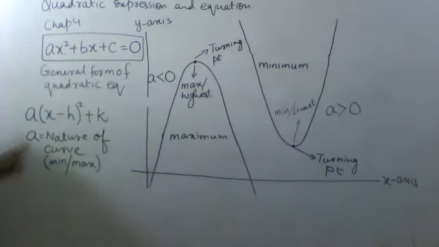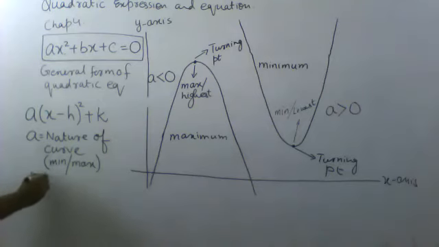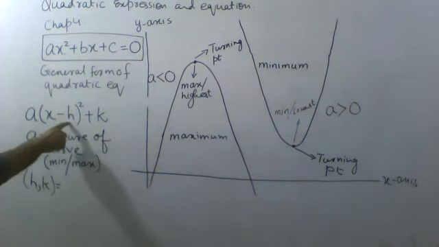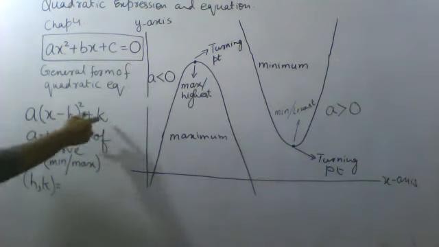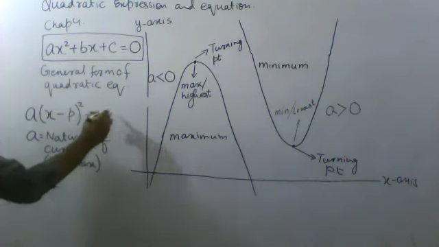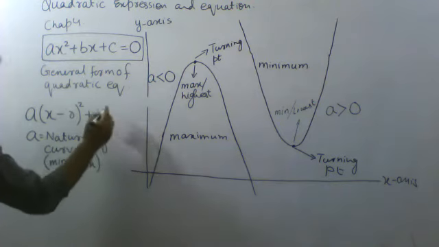Now, the other two variables given over here are h and k. But they can be replaced by anything else also. Instead of writing a(x minus h) whole square plus k, they can give you p and q, or they can give you r and s.